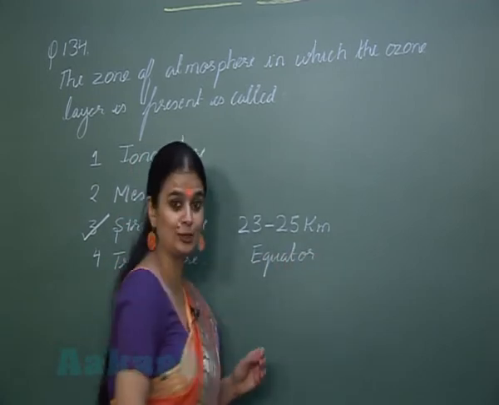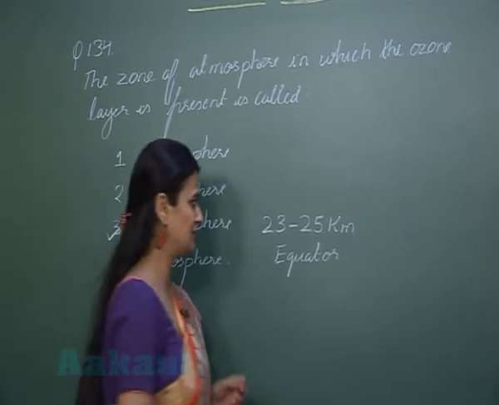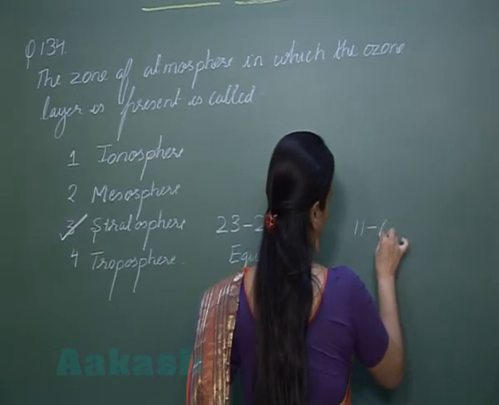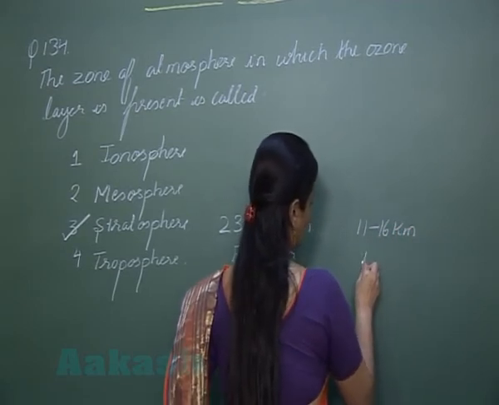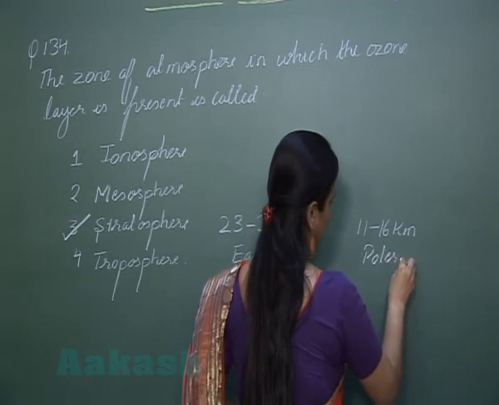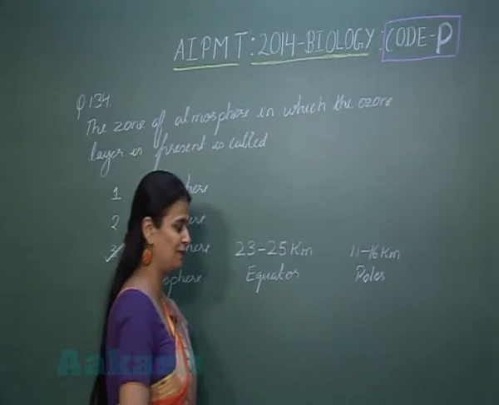Fine. And over the poles it is at a slightly lower altitude, that is 11 to 16 kilometers altitude over the poles. Fine. So now question number 135.